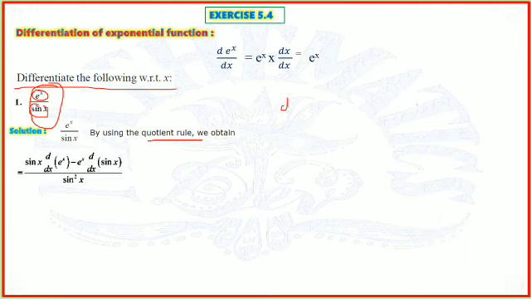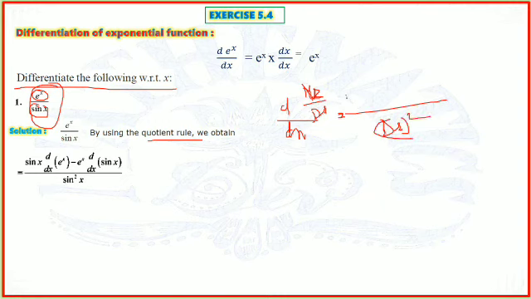So you know the quotient rule of derivative. What is the quotient rule? For example, numerator upon denominator is given, then its derivative is written as denominator's whole square in the denominator, and in the numerator: denominator into derivative of numerator, minus numerator into derivative of denominator.